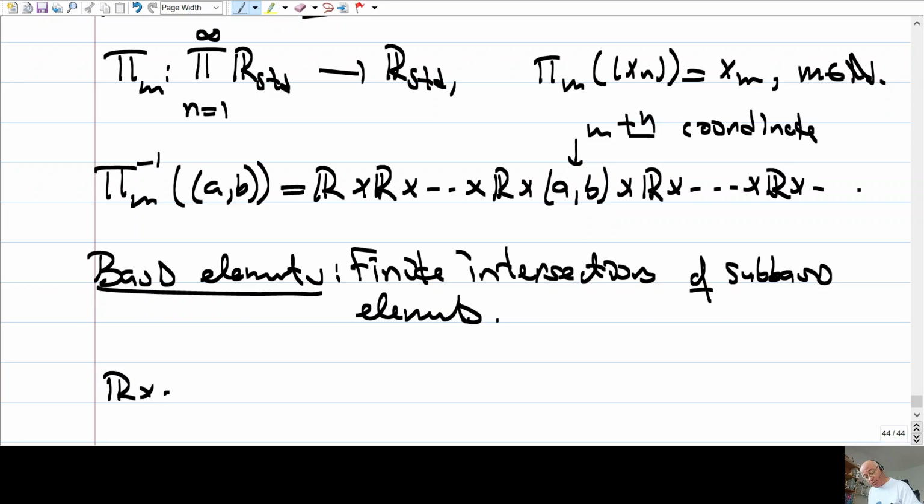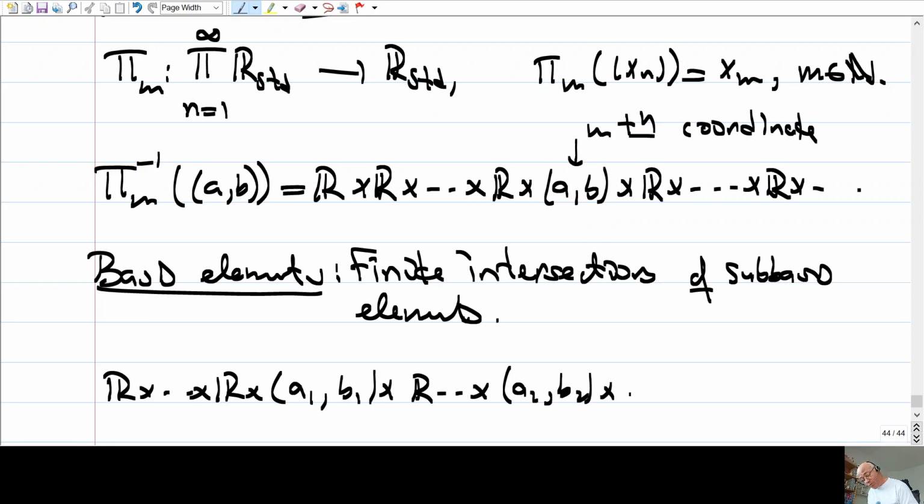Some R, and then you have some (a1, b1), and then maybe some other copies of R, and then you have (a2, b2), and then again some copies of R, and so on. And finally you will have something like this, (an, bn).